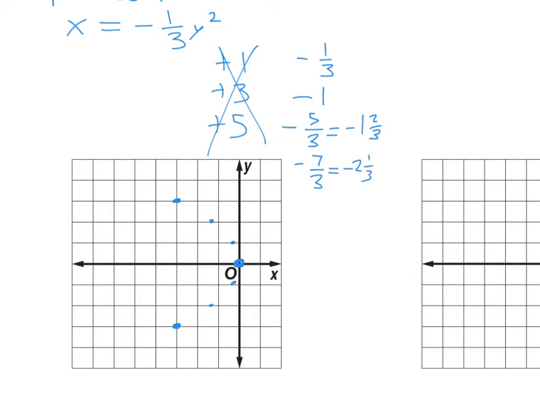From your last dot, go left 2 and 1/3 and up 1, and then left 2 and 1/3 and down 1. After that would be left 3. I guess we could try to squeeze that in. Left 3, so I take 9 and multiply by -1/3. That would mean left 3 units, which is just barely off the graph.